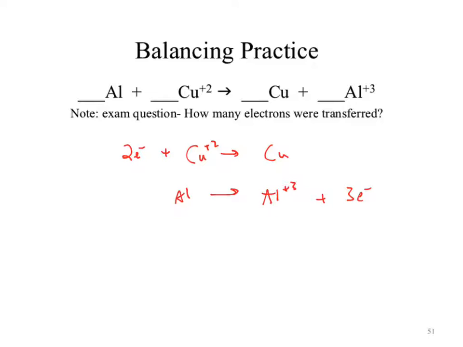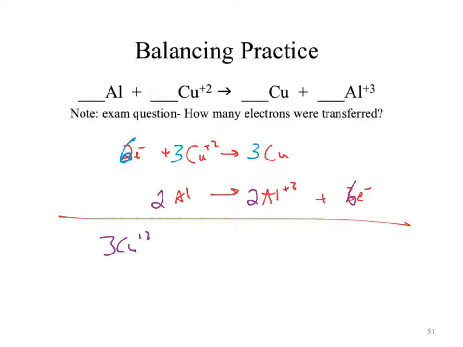What is the lowest common multiple between 2 and 3? 6. How do I make the 3 a 6? Multiply by 2. 2, 2, 6. How do I make the 2 a 6? Multiply by 3. 6, 3, 3. Now when I add the 2 equations together, I will get a final balanced equation.